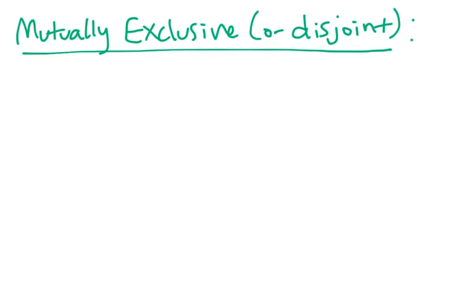So, mutually exclusive or disjoint regarding probability is, if... I got the grammar wrong here. So we would say that two events are, I'm going to say mutually exclusive.